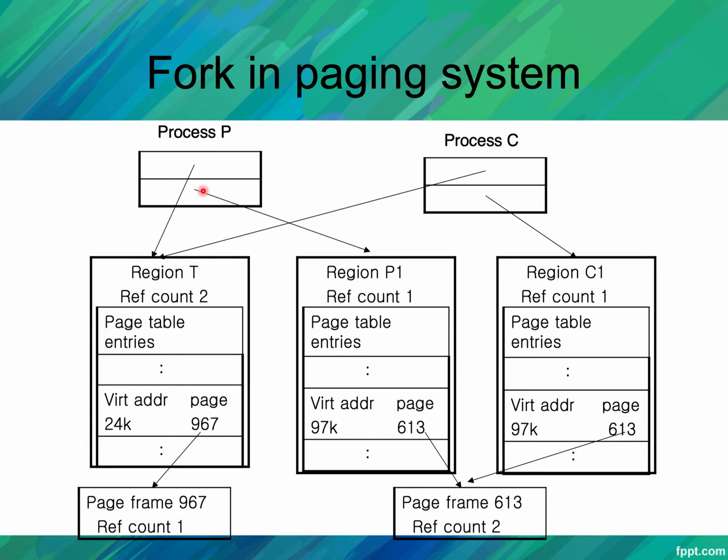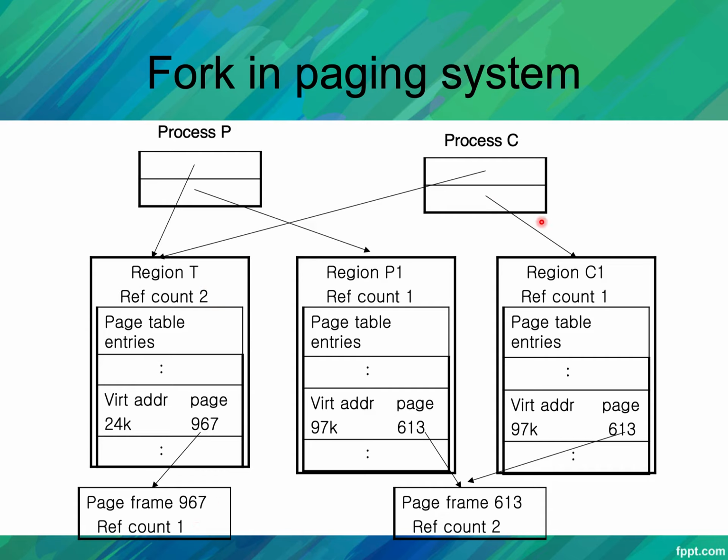When the process executes a fork system call, it creates a new process, process C. Process C is created, and the text region of process P is shared with process C. You can see the reference count is incremented to 2. Instead of copying a new region, the reference count is just incremented. That means process C is referring to this particular region. And there is no change in the page frame table and other things.